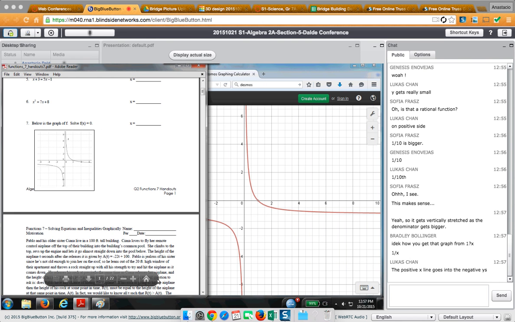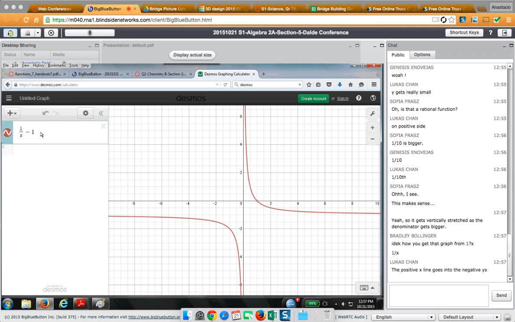See? Actually, to be honest with you, I think I lowered it down too much. I think that this thing actually goes to 0.5. I noticed that it goes to 0.5 because it crosses here at 2, comma 0.